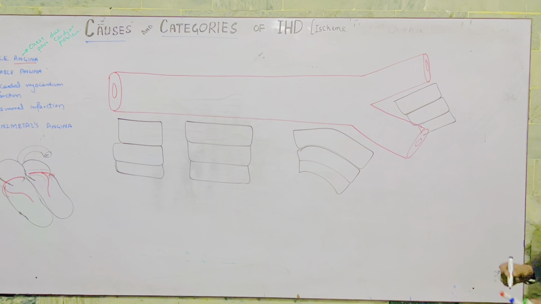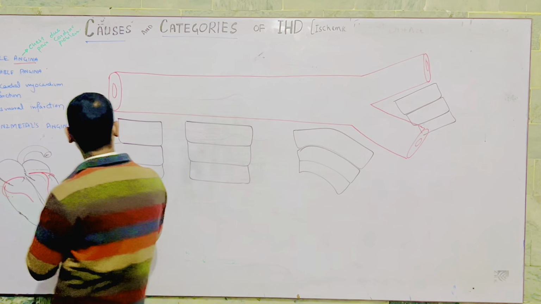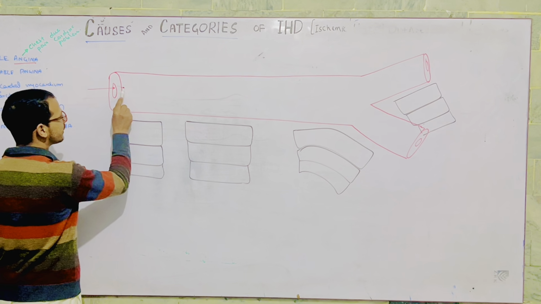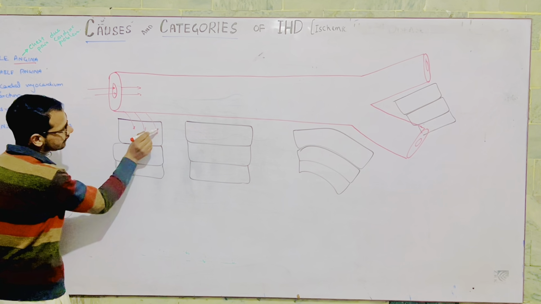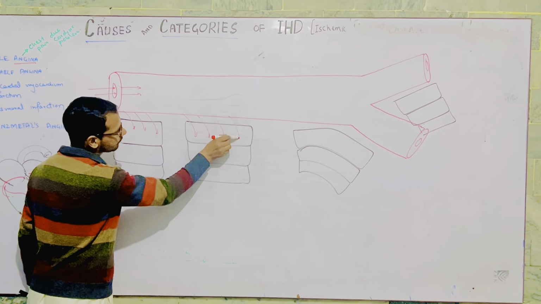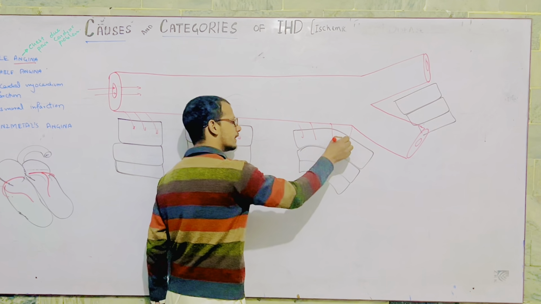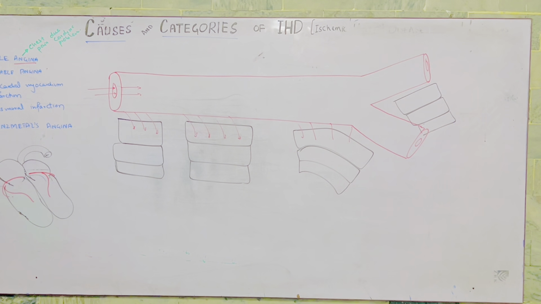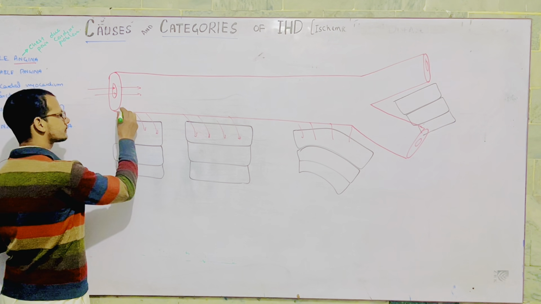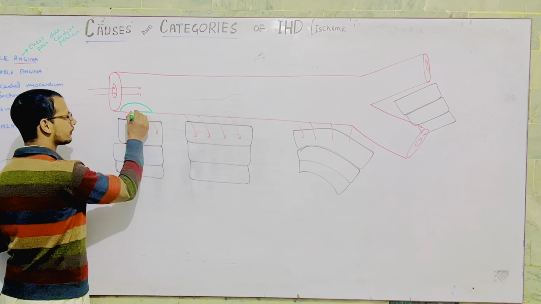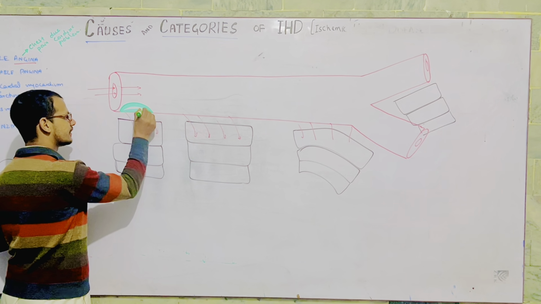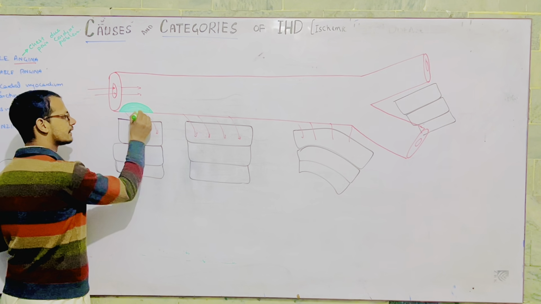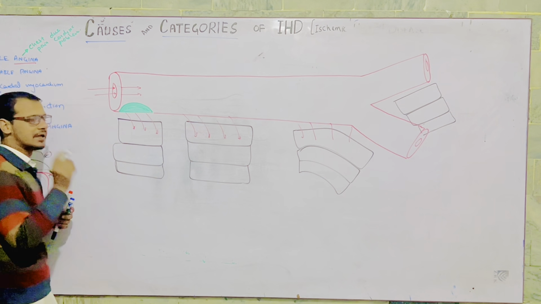Now, I already told you that this coronary artery is responsible for supplying blood to this myocardium all over the heart. For example, if fat accumulates here, this is thrombus formation, but this is a normal stable plaque.